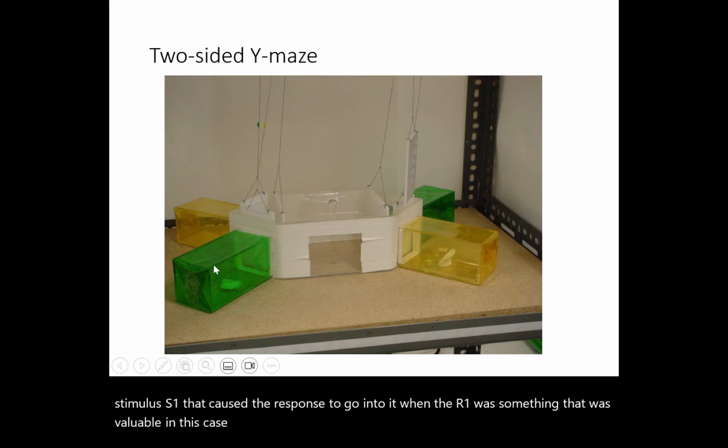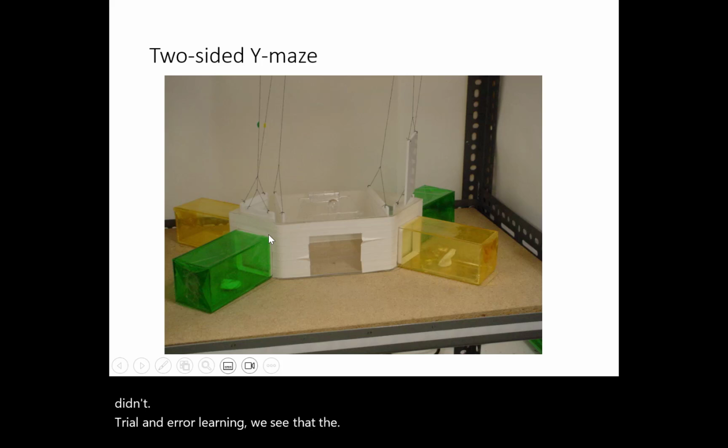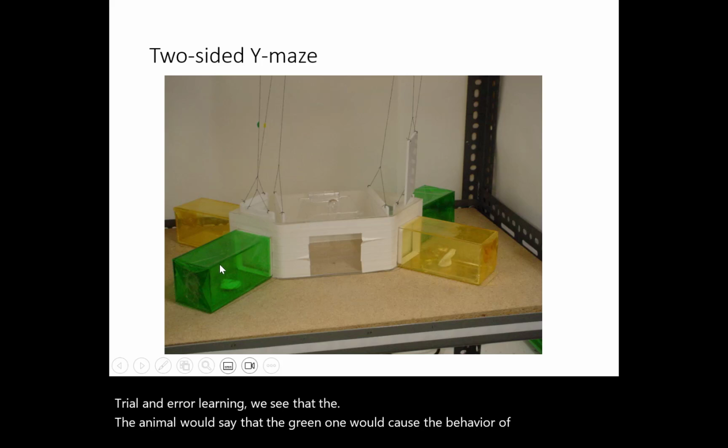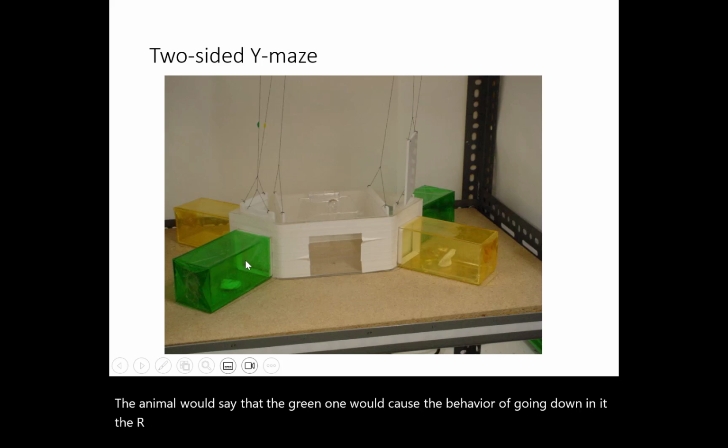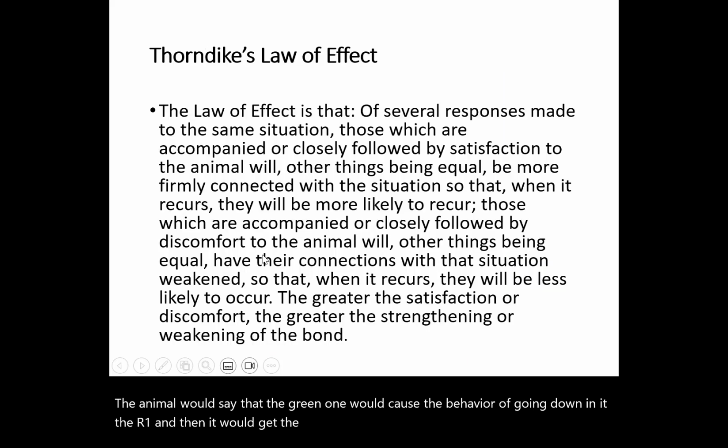So let's say only the green side had food and the yellow side didn't. At trial and error learning, we see that the animal would say that the green one would cause the behavior of going down in it, the R1. And then it would get the food, the S2.